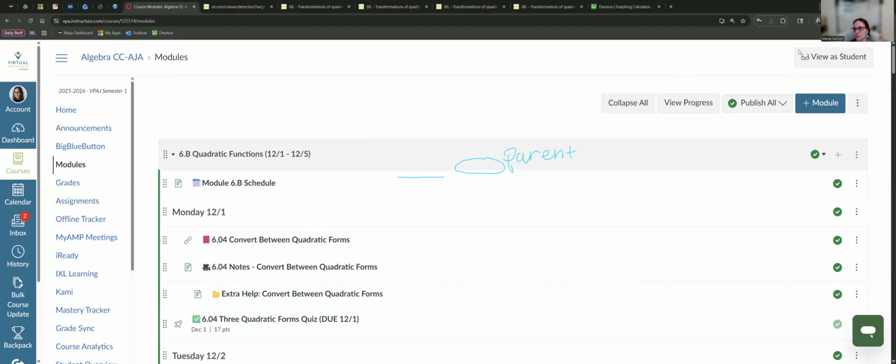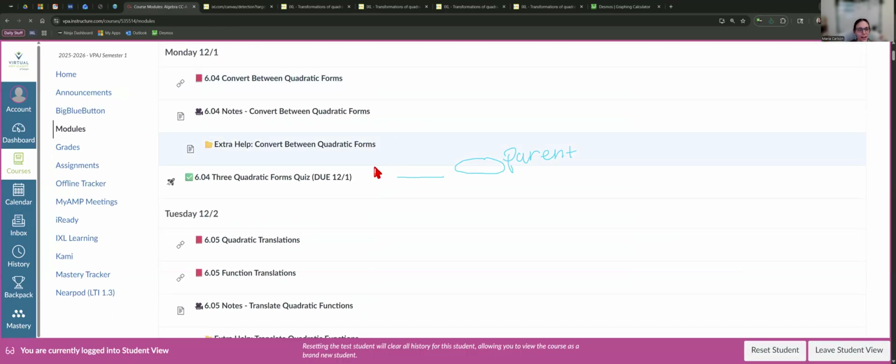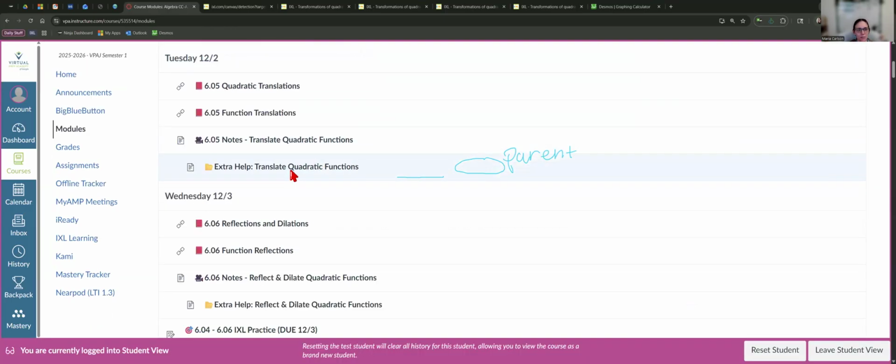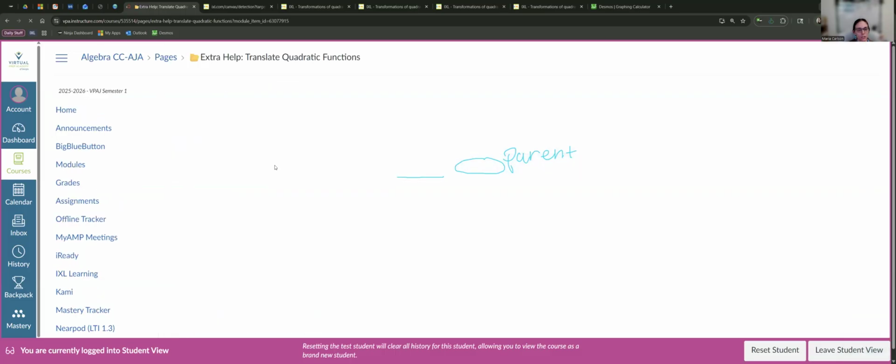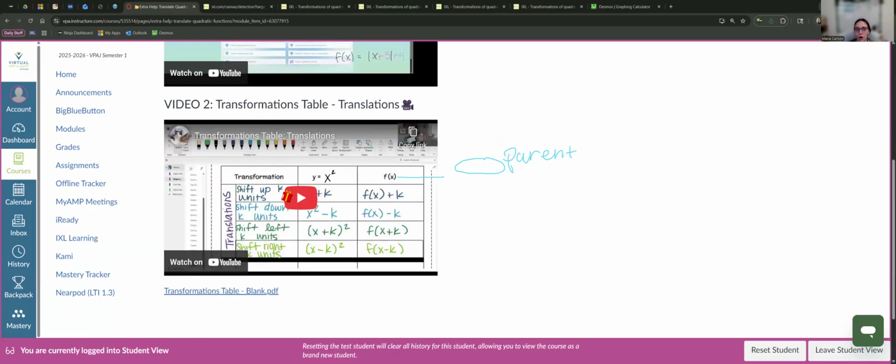So in module 6b, let me view as a student. In module 6b, we have the resources on transformations, if it will load. There we go. I put my notes in the 6.5 notes and the 6.6 notes, and then also in the extra help folder, there are some additional resources, including tables going over all of the different translations.